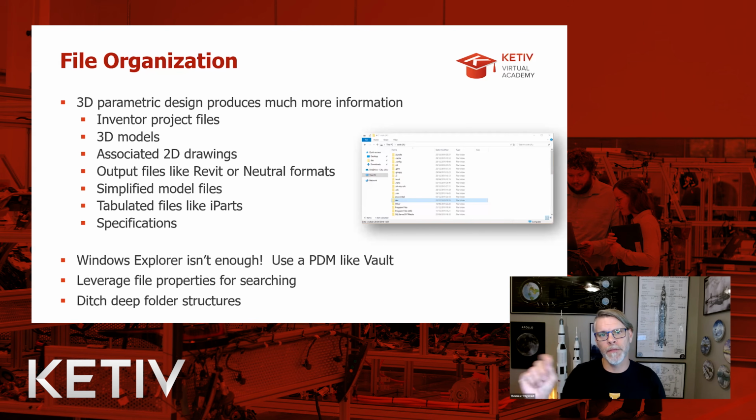All of those are different file properties, characteristics that are associated to files. So if you start leveraging file properties more, start providing more information to your files, you don't have to be dependent upon file name exclusively when it comes to searching and finding the information that you need.